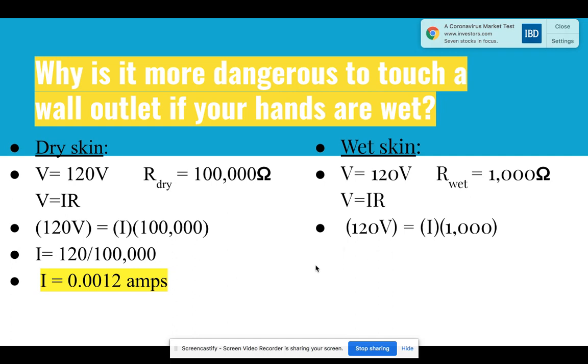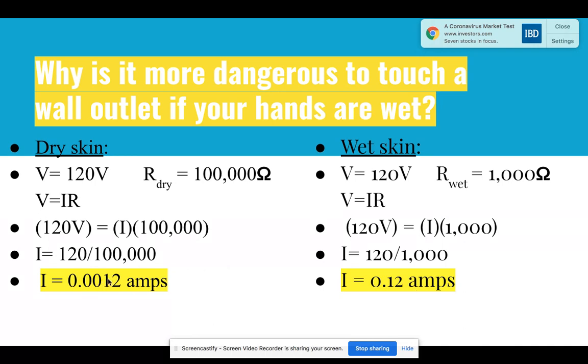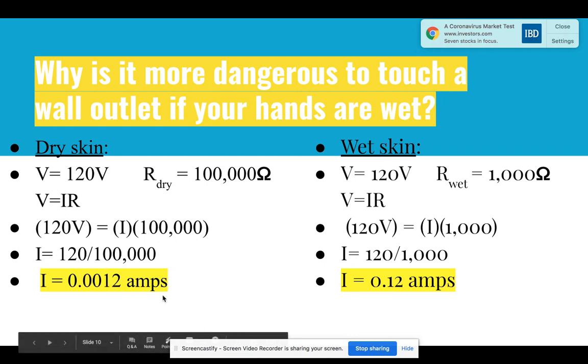You divide 120 by 1,000 and now you get 0.12 amps. That's 10 times the amount of current that could possibly kill you. So you go from dry skin, where it's going to hurt but probably not kill you, to wet skin, and it's without a doubt most likely going to kill you.